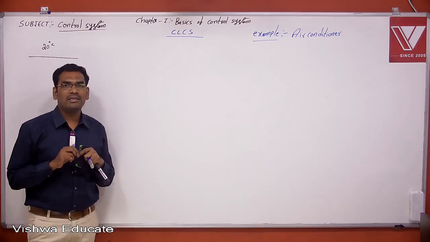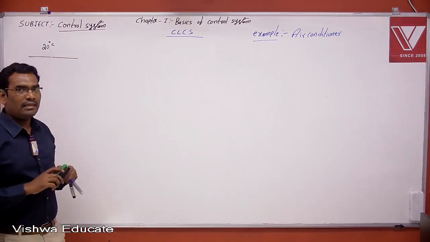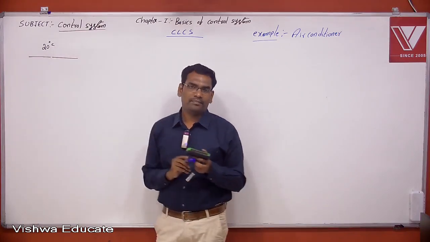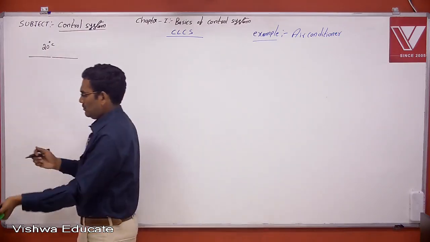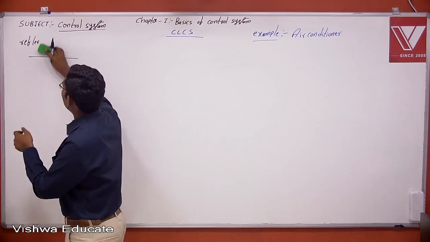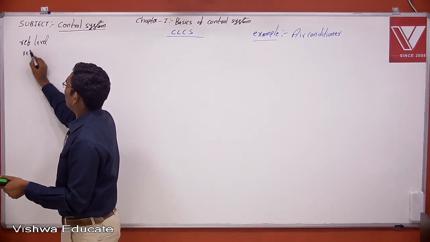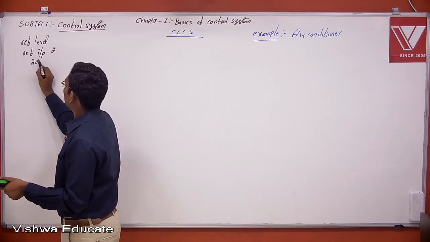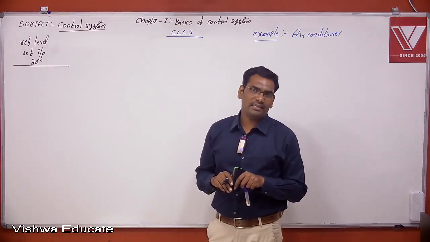Yes. Now my question is, how will the machine consider this 20 degrees centigrade temperature? The machine will take this 20 degrees centigrade temperature as a reference level, or let us say a reference input.